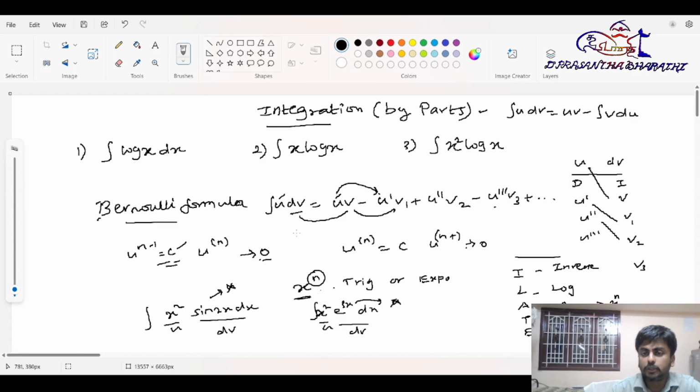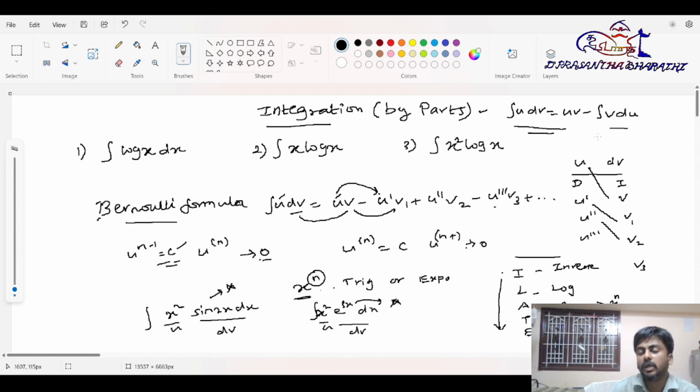In integration by parts also you choose u in the same order, but here you apply the integration one time and check whether you have got the desired result.